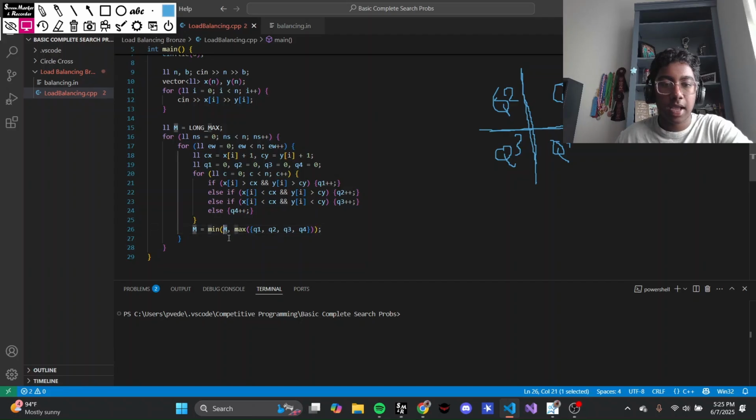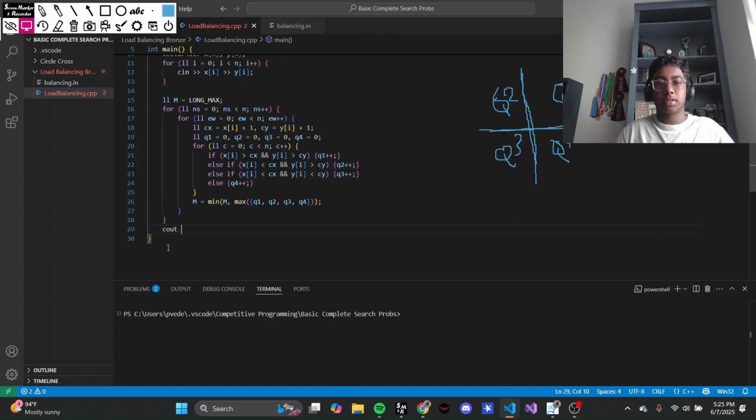And you want to have the smallest m value possible. So you're just going to do the minimum between m and whatever the current m value is. Okay, so at the end of all that, you'll just print out m, and that's it.